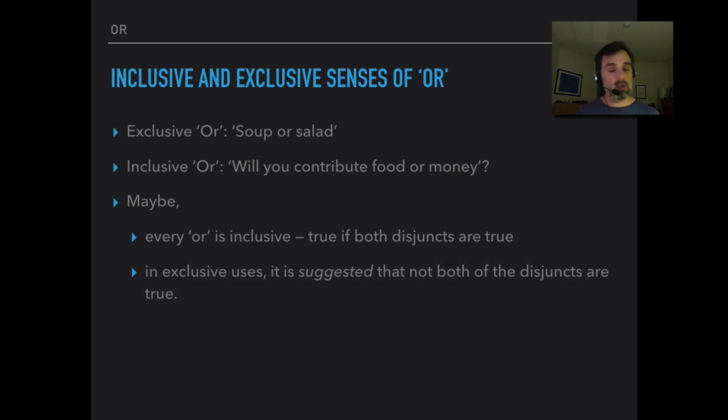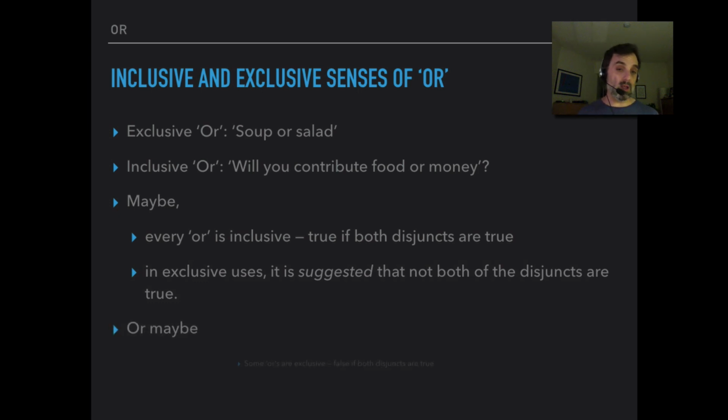Similarly, in the case of but, the suggestion of a contrast is not part of whether the sentence is actually true or false. So here, the suggestion of the exclusion between soup and salad might not be part of whether the sentence is true, but is an exclusion merely suggested by the use of the sentence.